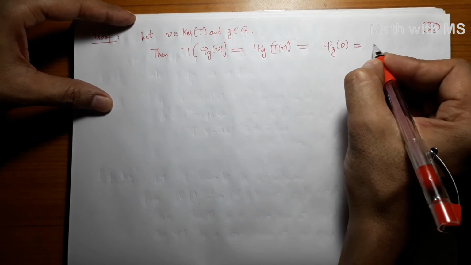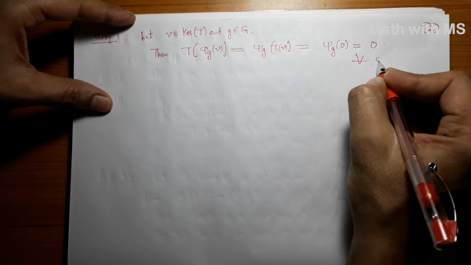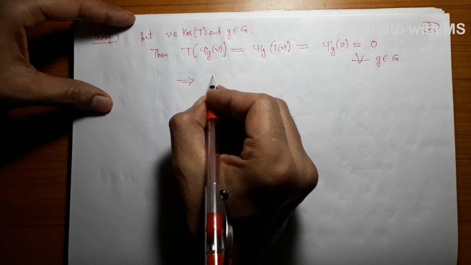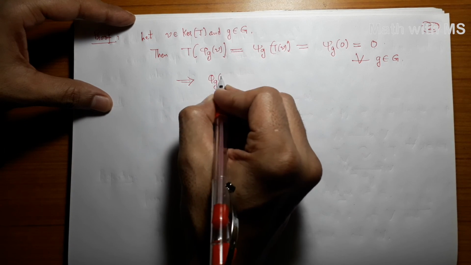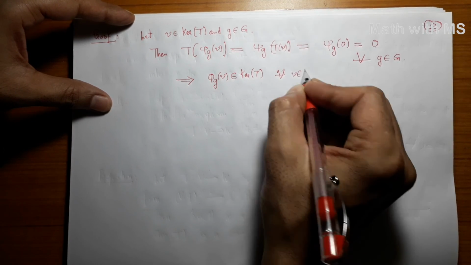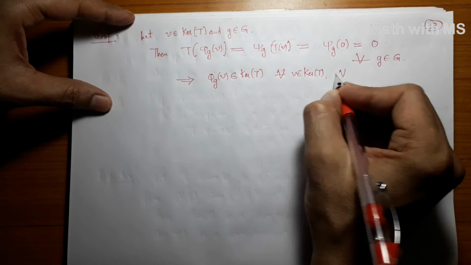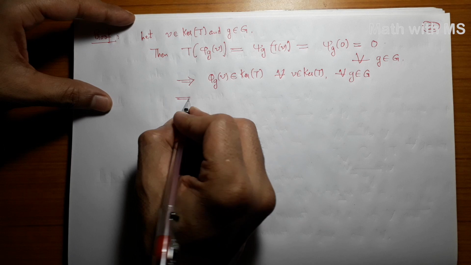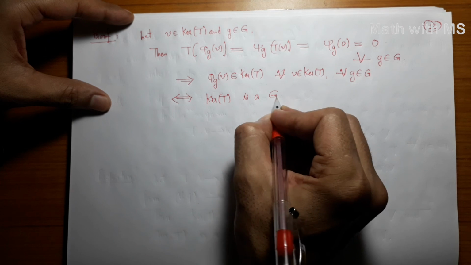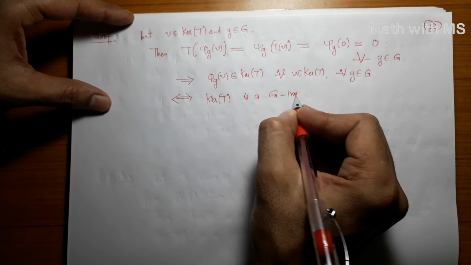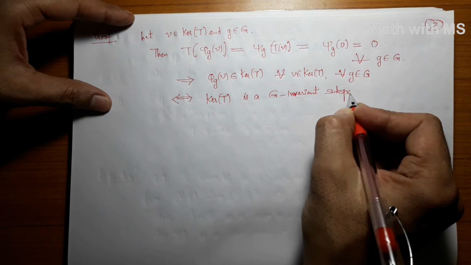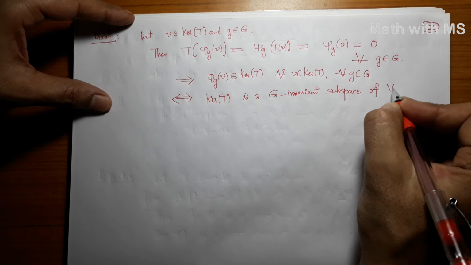But psi(g) is a linear map, 0 goes to 0, so it is 0. And this happens for all group elements g in G. So this implies that phi(g) of v belongs to the kernel of T, for all v in the kernel of T and for all group elements g in G. This is equivalent to saying that the kernel of T is a G invariant subspace of your representation space V.